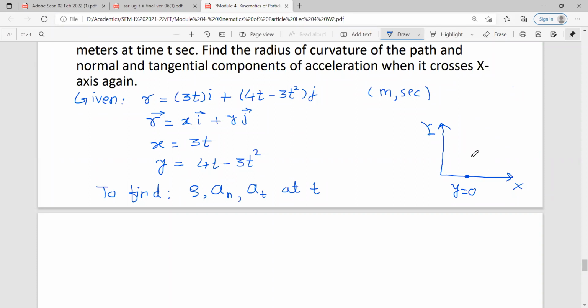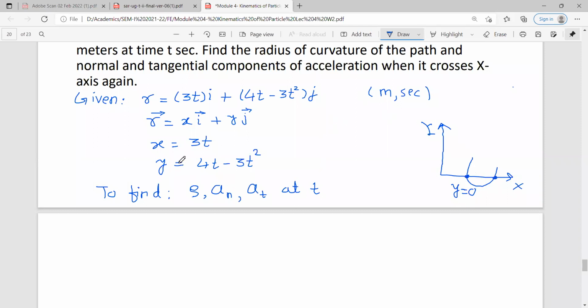Suppose the particle is moving like this, so it crosses here and it again crosses the x-axis. So what is the time here? We have to find out. We know that when the particle is on the x-axis, that time the y coordinate is 0.